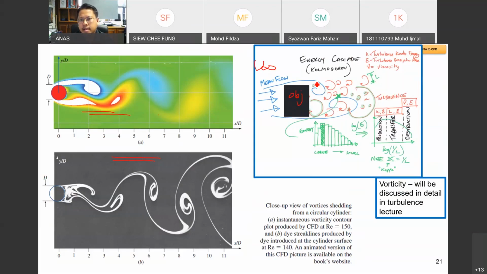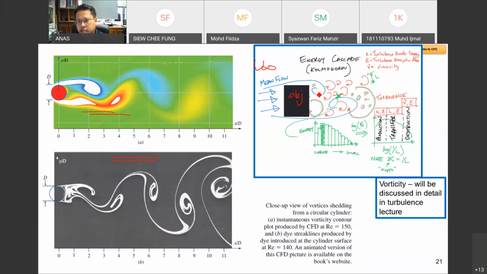If you notice over here, the eddies, meaning the curl arrows over here, the size of the eddies, the vortexes mixing together, they are different. First, it can be quite large, right? After that, it can be quite small or large depending on the problem.